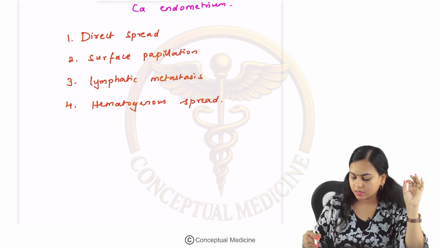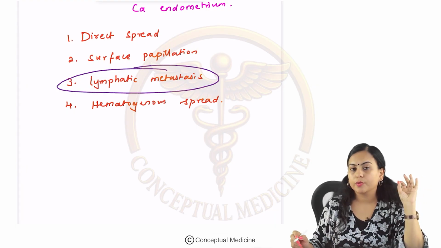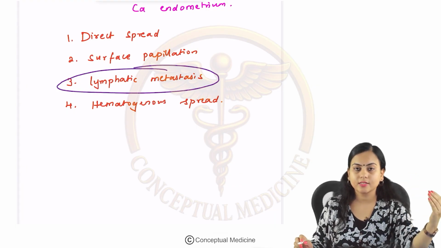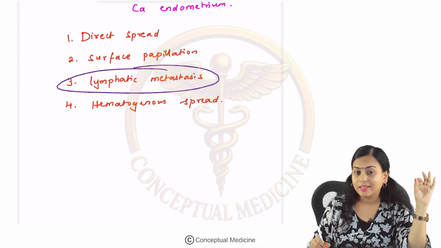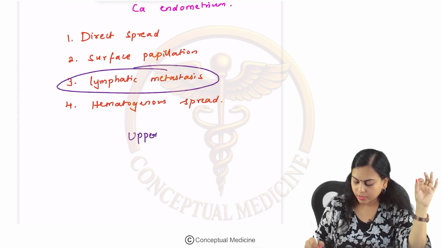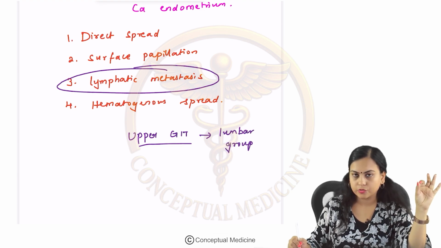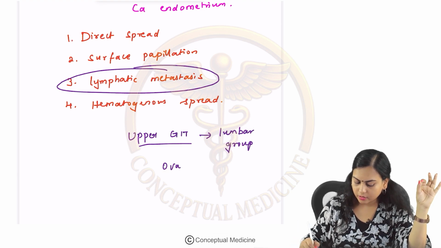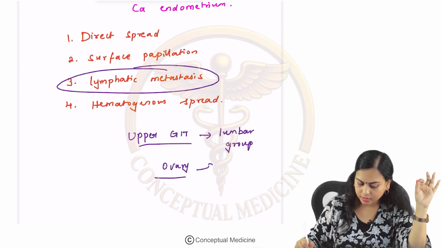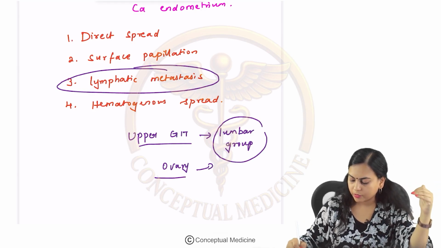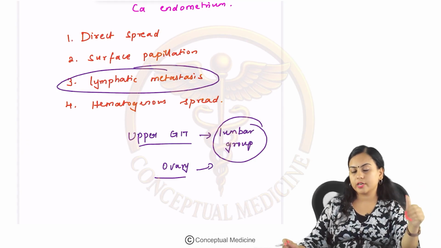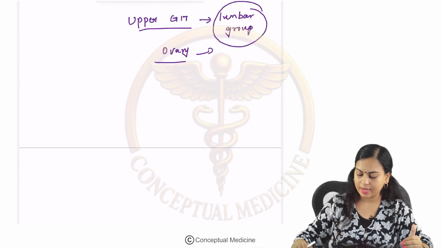Among these, lymphatic metastasis is found to be the common route of metastasis to the ovary, because the upper gastrointestinal tract commonly drains into the lumbar group of lymph nodes. The ovary is also linked to this group of lymph nodes. So this happens to be a common channel through which metastasis can happen.